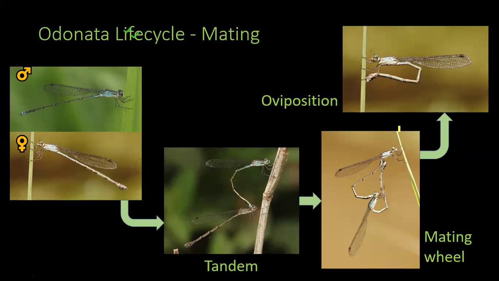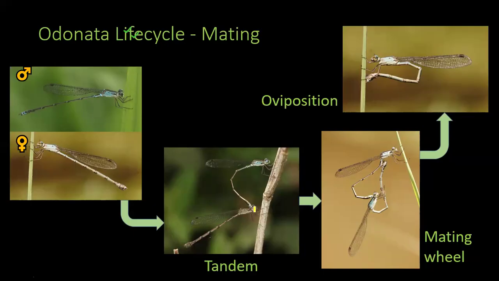The mating process has basically a few stages. First, of course, they have to look for and find a partner. Once the male has found a suitable female, the first stage we call the tandem position, where the male catches the female by the head or the prothorax.